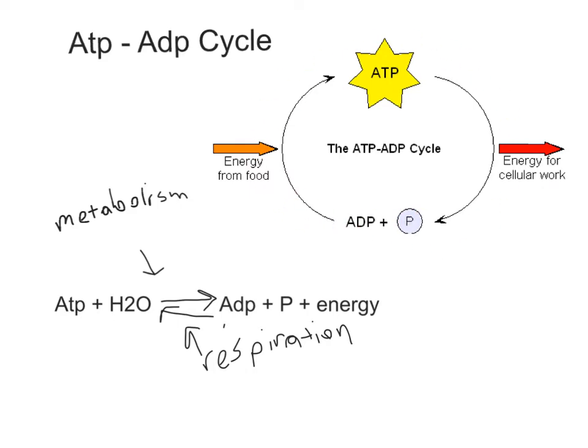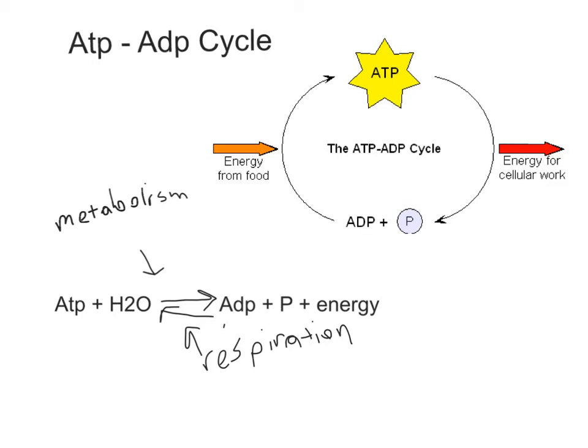And this is the equation that shows it. This process is hydrolysis, just like we talked about before, where water comes in and breaks the bond, which breaks off that phosphate group.